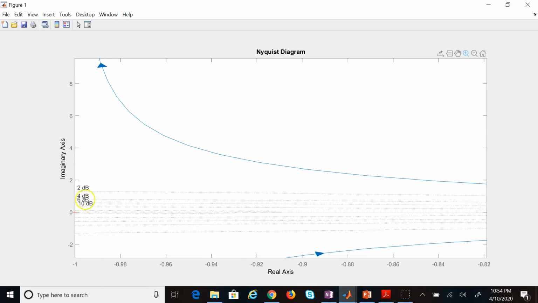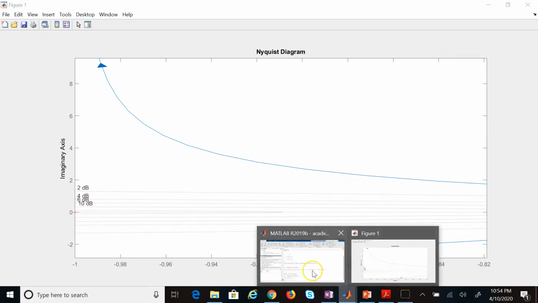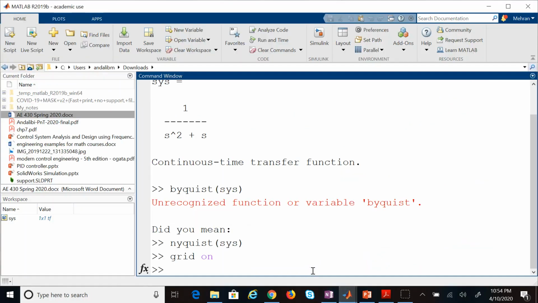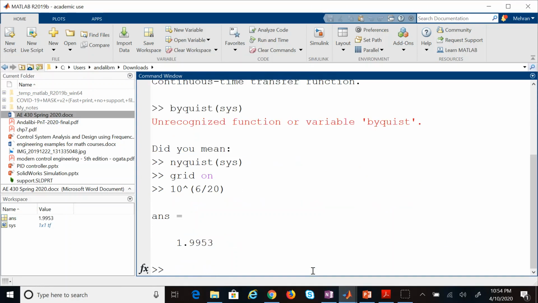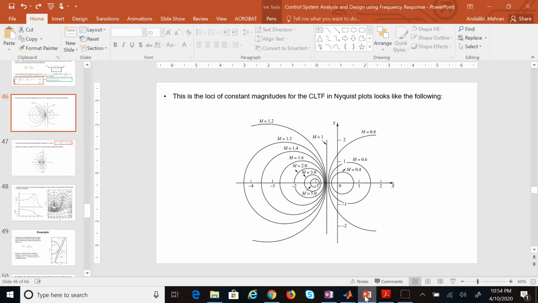So what do you think 10 decibel is, or 6 decibel is? If you remember, when I want to convert a decibel back to a normal unit, I divide it by 20 and raise 10 to the power of that. So 6 decibels means 10 to the power of 6 divided by 20. And that is 1.995. So 6 decibel is almost like MR equal to 2 units, right?